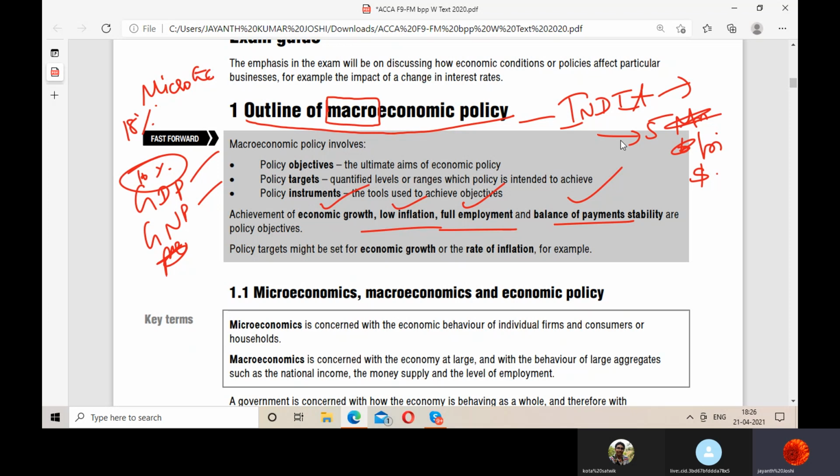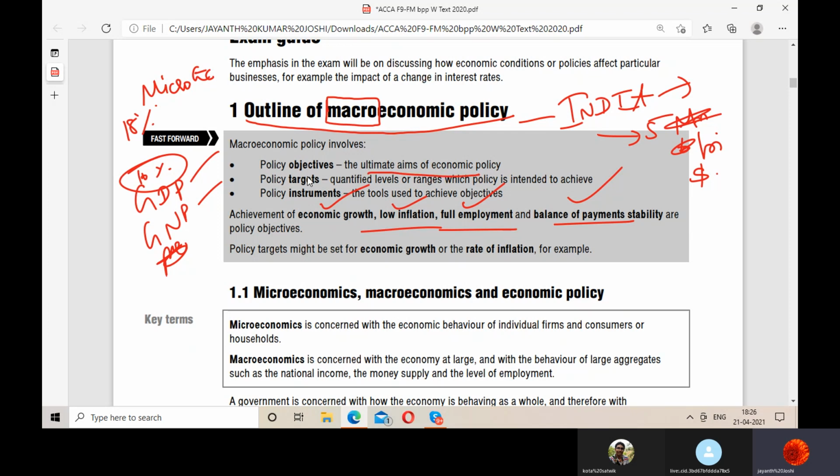To achieve these targets, the statesmen, the people who have been elected, or the governments have to sit at the table and frame certain policies. They have to document certain policies. Now, policy objectives are the ultimate aims of economic policy.